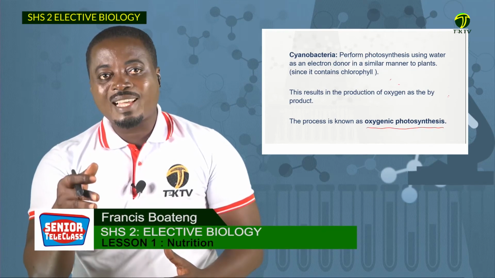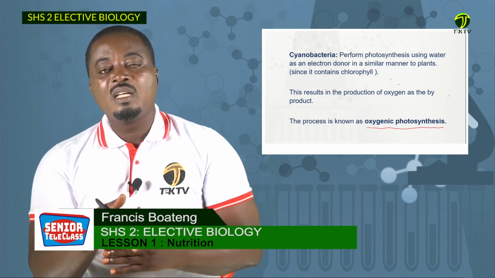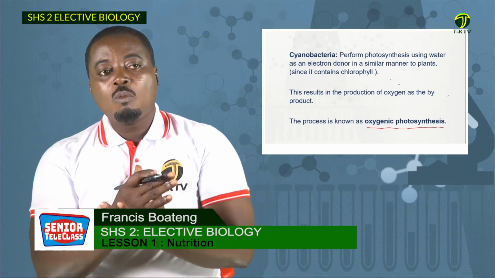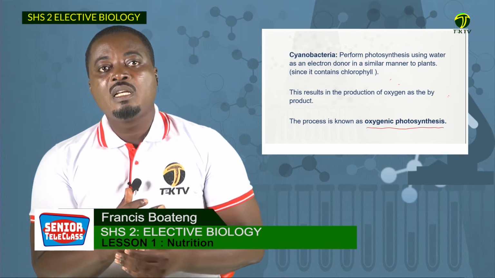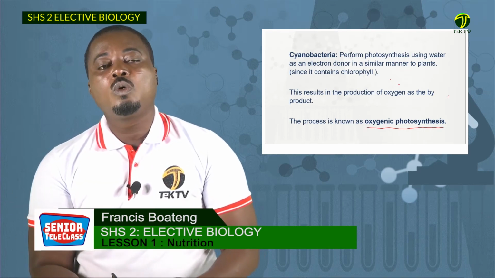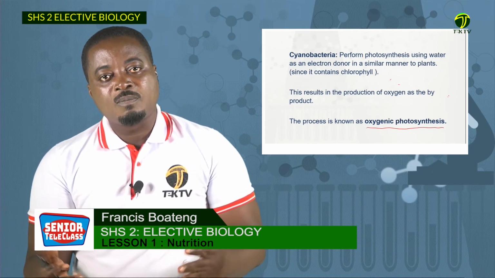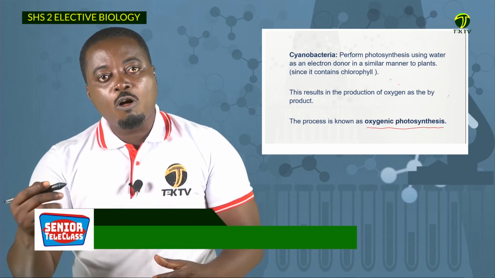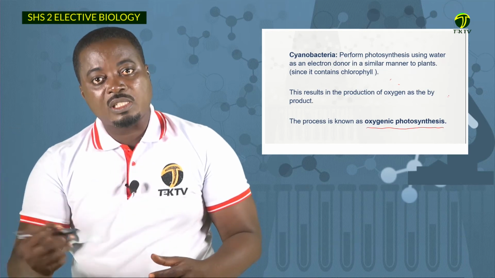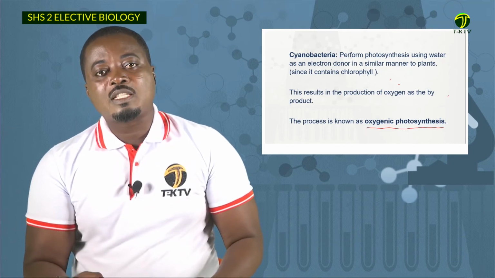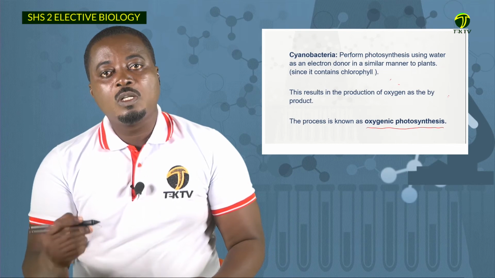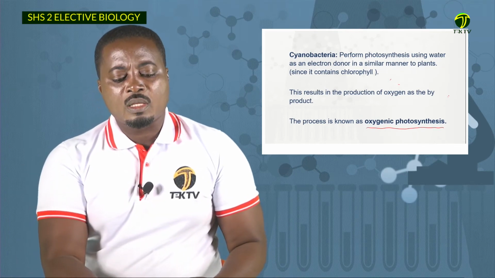They use water as the electron donor, and then they combine it with carbon dioxide to produce glucose and oxygen as the byproduct. Because oxygen is evolved at the end of the reaction, we call the process oxygenic photosynthesis.